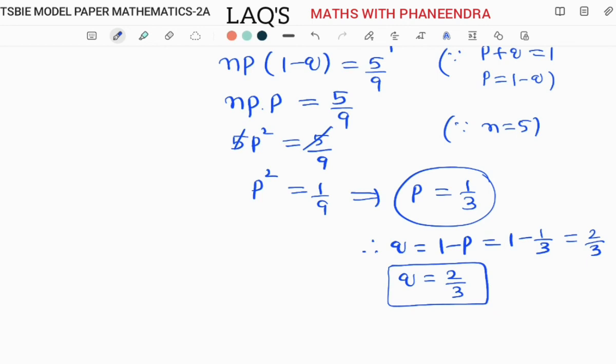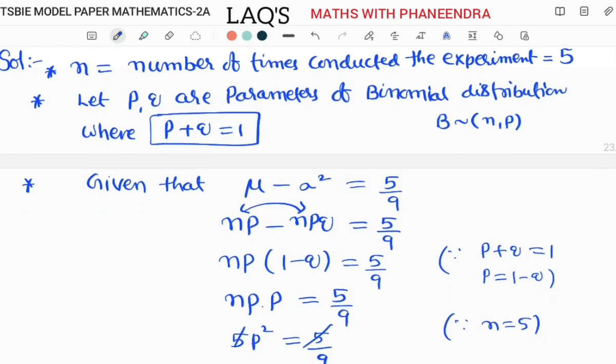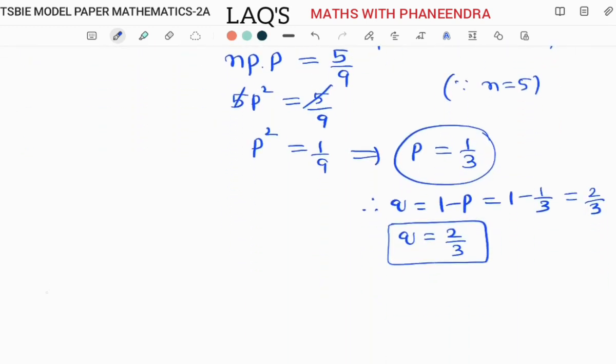After that they are asking us to find the probability for the event of 2 successes. So how to write? The probability of 2 successes, we can write like this: P of x is equal to 2.